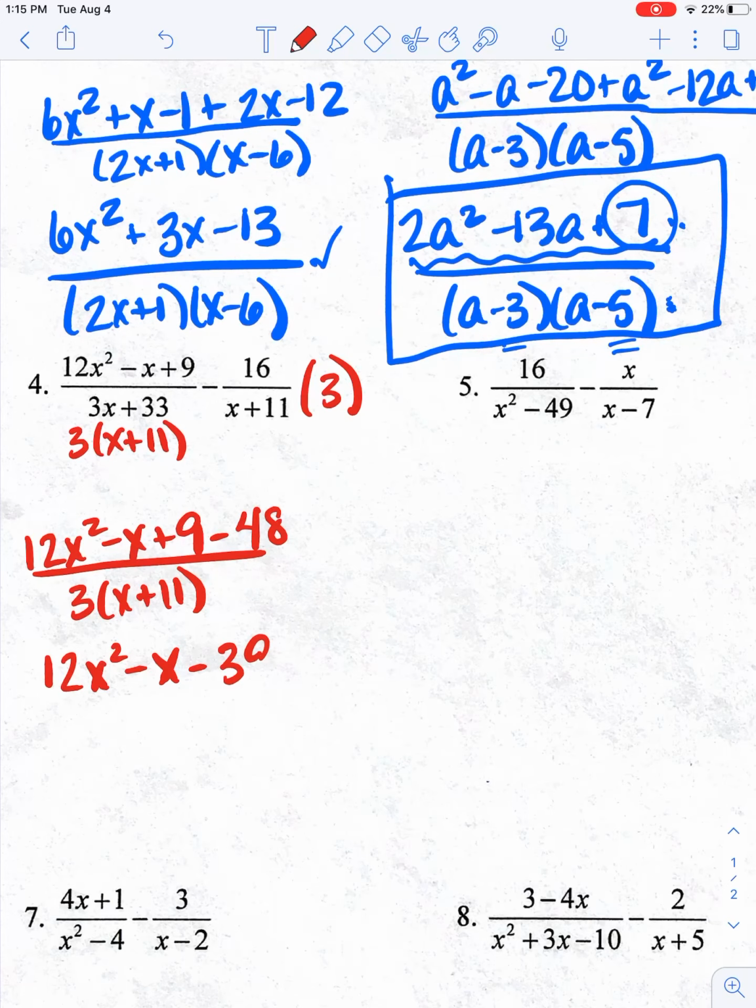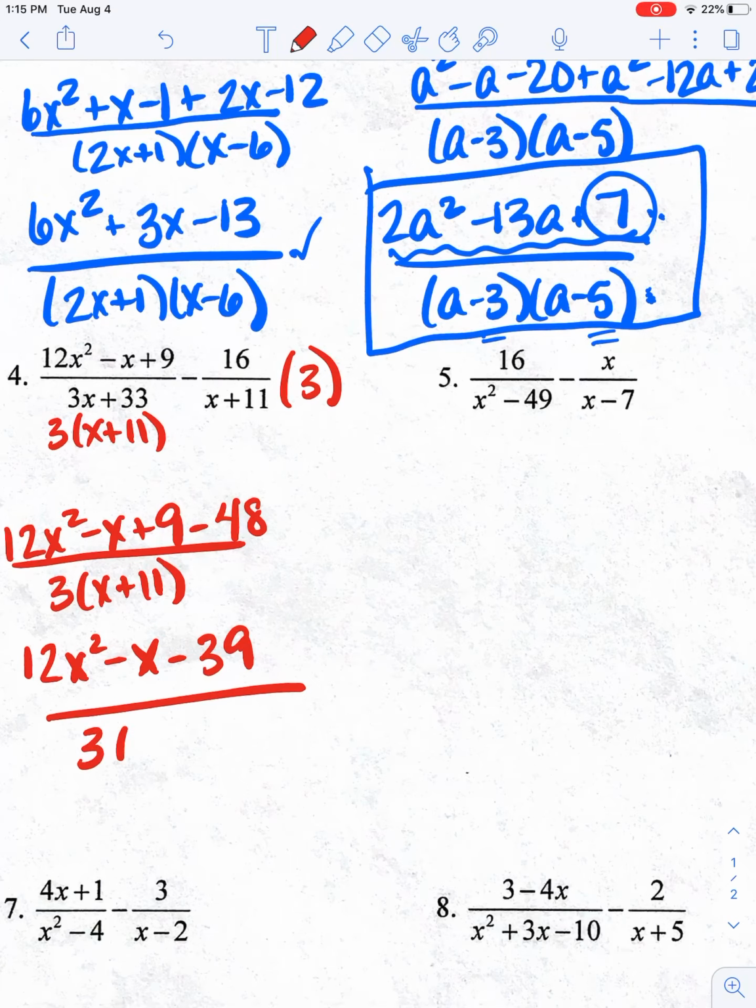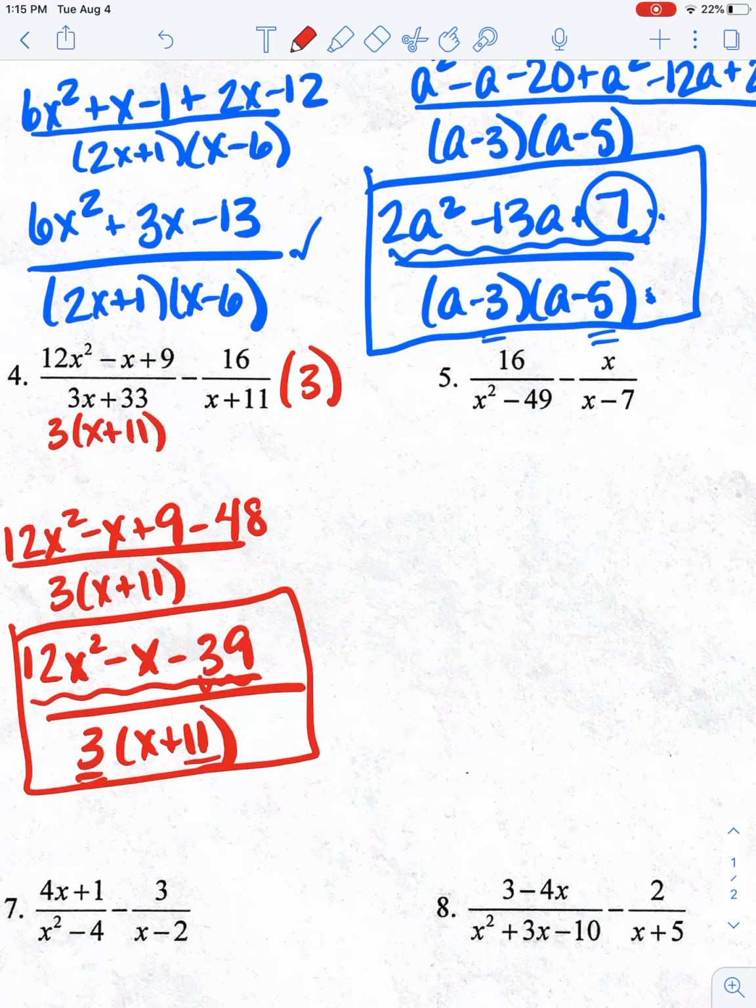Let's see, minus 39. And then to check my factoring, he's got a 3. Well, there's no taking a 3 out of the top, and that's an x plus 11, and this guy's not going to factor with anything with an 11 in the back of it. So I know he's done.